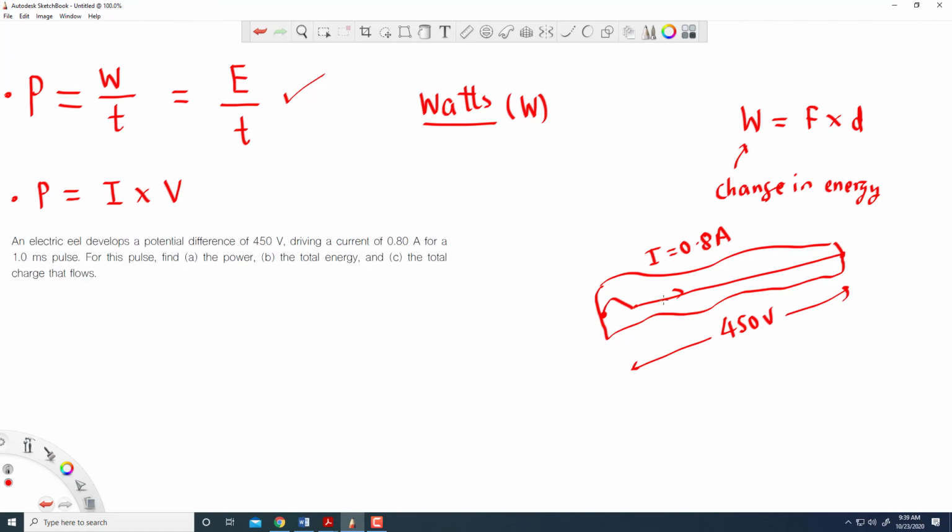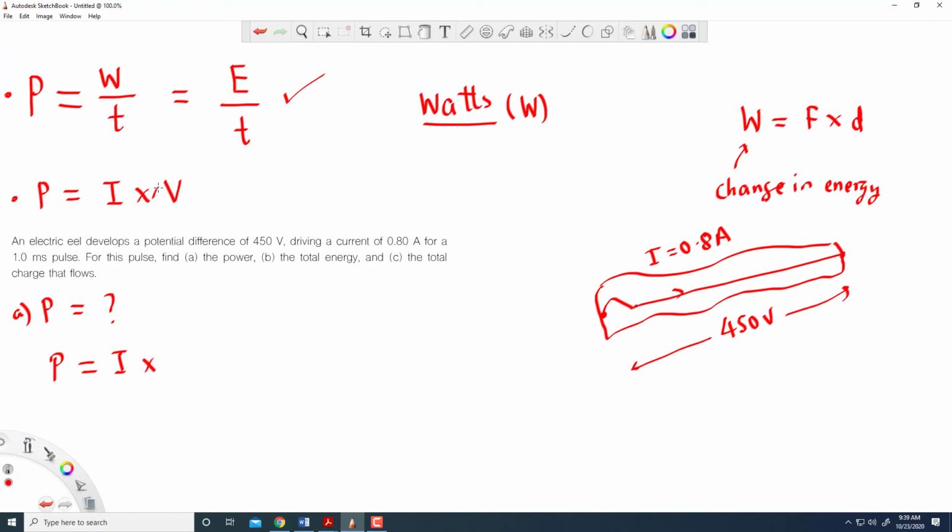So what's the power of the current produced by the eel? Okay, so we want to find power. So power comes from current and voltage. So power is current times potential difference.